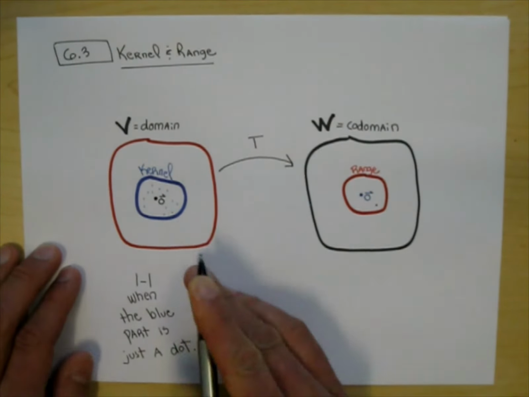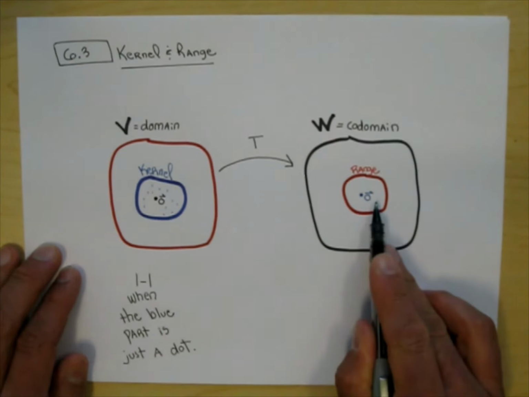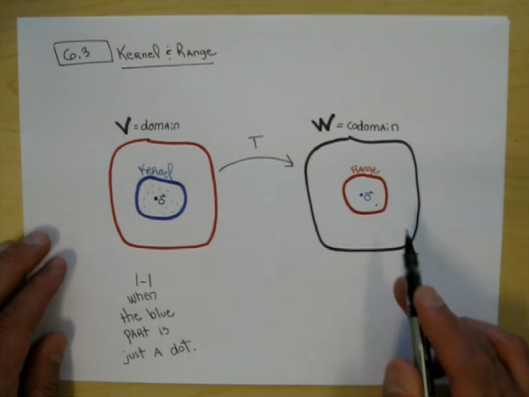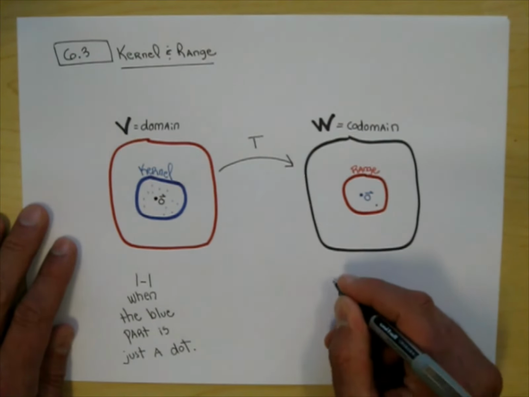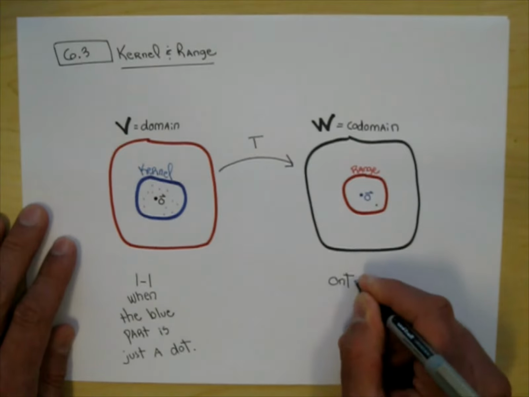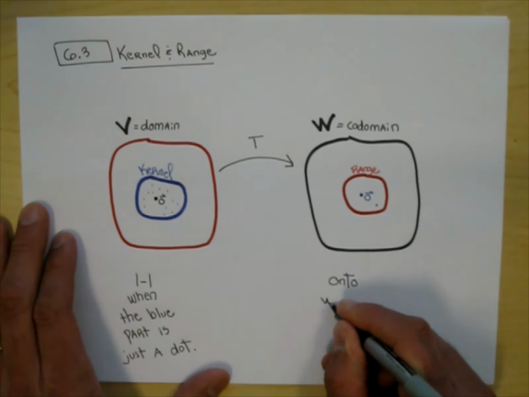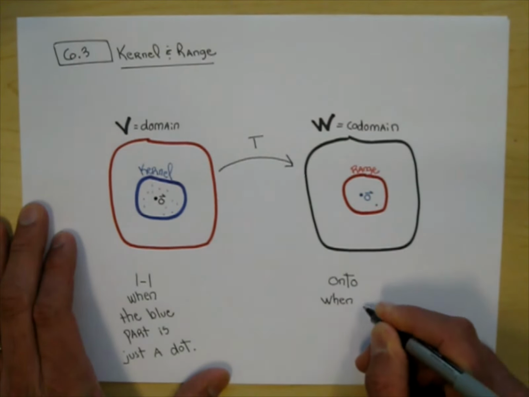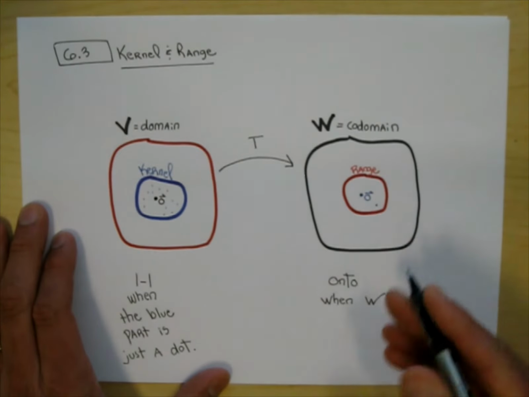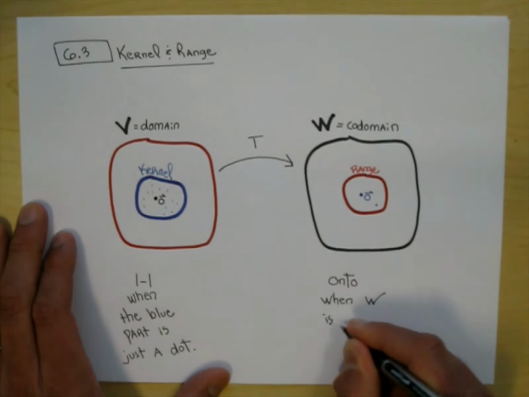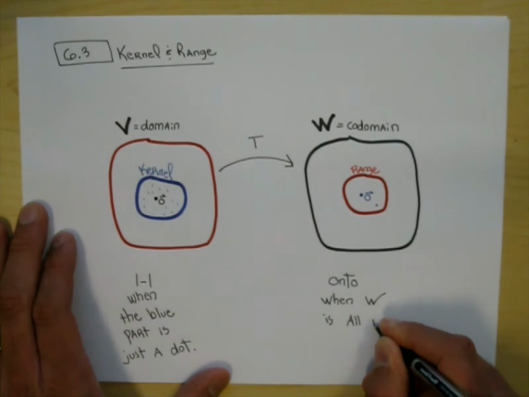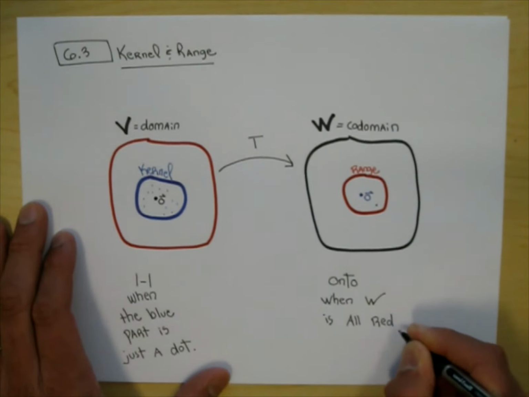And the dot would be the zero vector, because zero vector has to go to zero vector. A linear transformation is onto when W, which is the codomain, is all red. Okay?